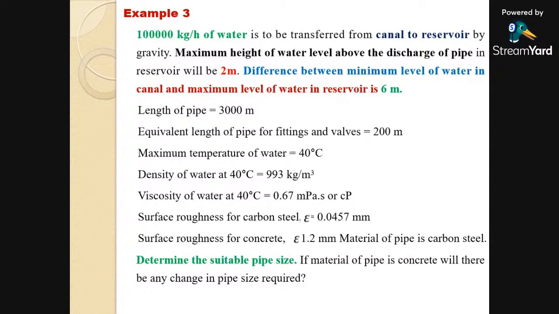Okay, so here we have to design a carbon steel pipe, and to calculate the diameter of that carbon steel pipe, we have to calculate the pressure drop per unit length, delta P by L. So total length is 3000 meter, equivalent length is 200 meter. We also know that equivalent length is the length of a straight pipe which will offer the same pressure drop as that of the fittings.